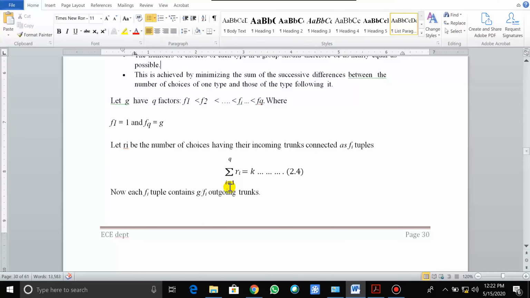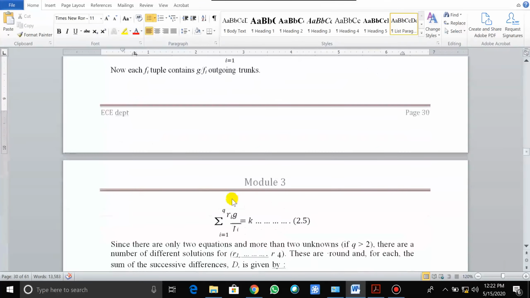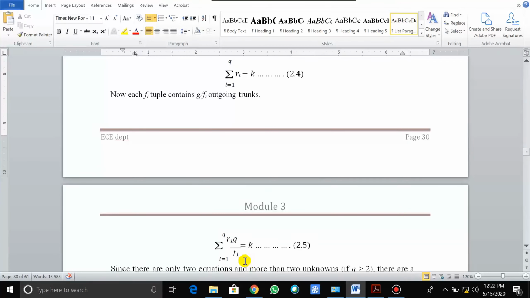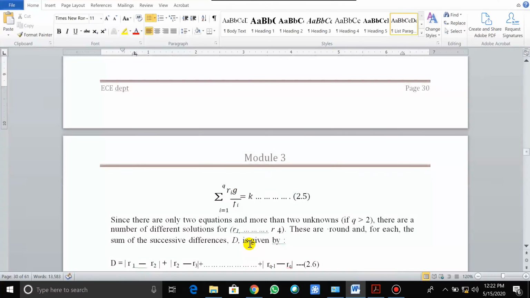Therefore, the summation of I varies from 1 to Q, R of I is equal to K. Now, let us say if an F of I tuple contains G divided by F of I outgoing trunks, then the summation of I varies from 1 to Q, R of I into G divided by F of I is equal to K. Okay.